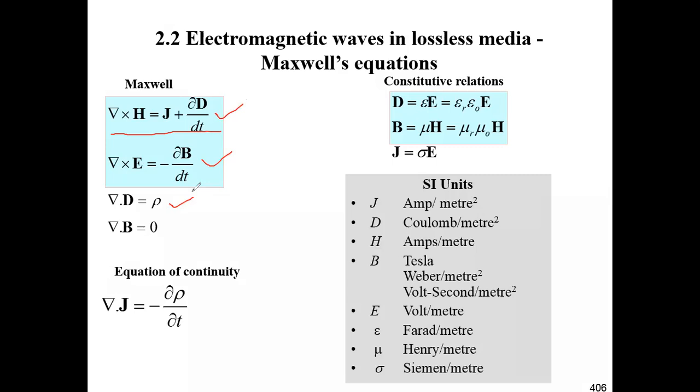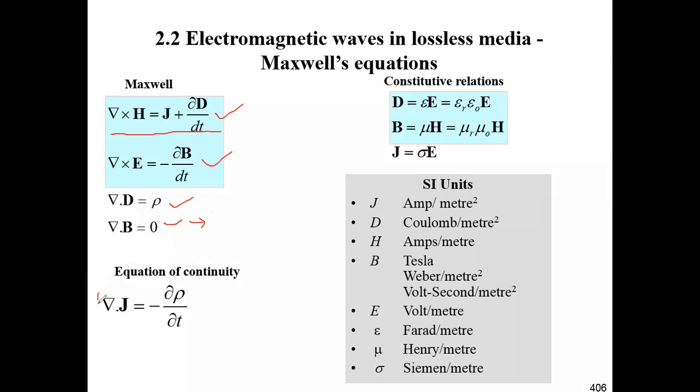This one is Gauss law in electrostatics. And this one, del dot B equals 0, is Gauss law in magnetostatics. And this one I asked earlier, but you missed it. That's why I was going through the revision, because all this will come into the picture here.